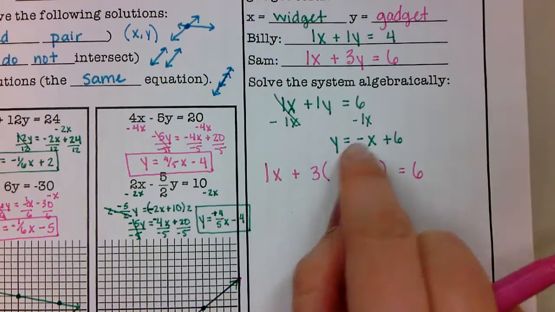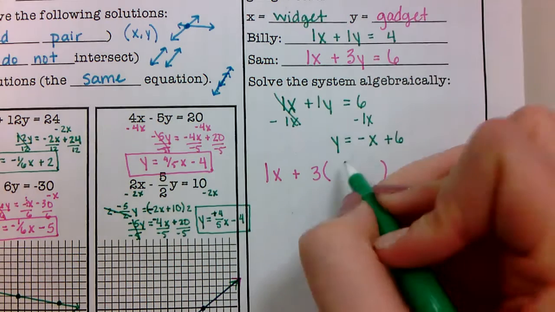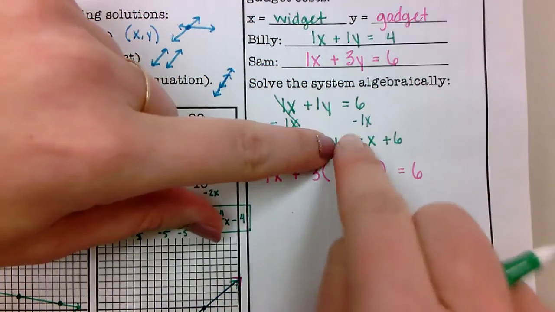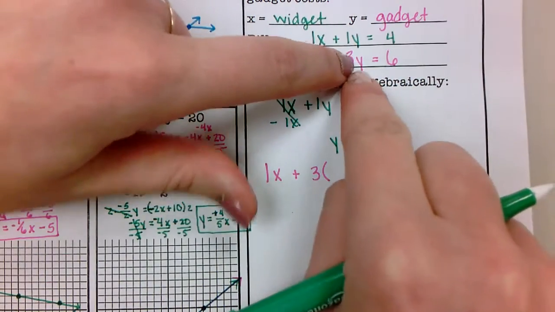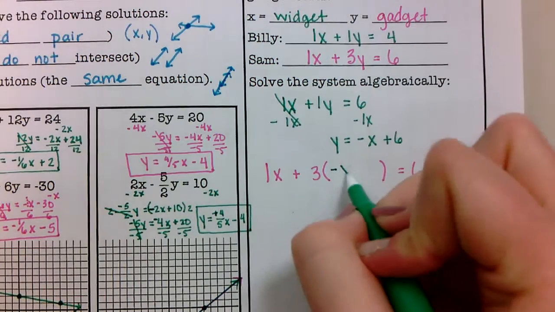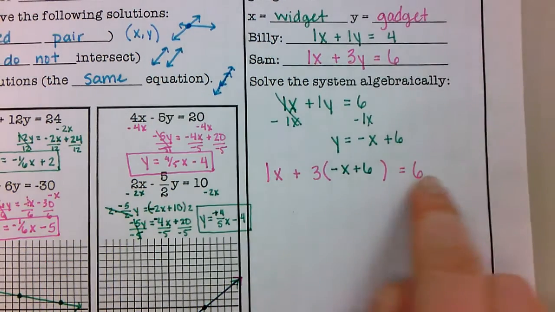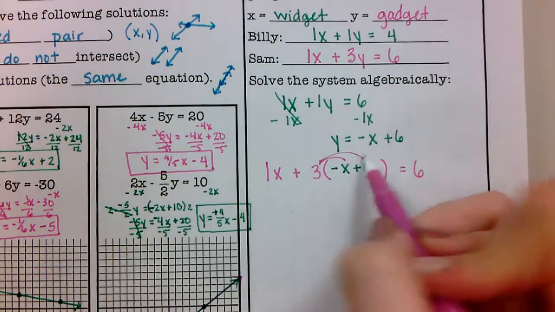It's like composing a function of a function, essentially. So I'm going to put, when we use Sam's equation, what we figured out y is. If y is negative x plus 4, we can put it in place of y. We now know what y is. So I'm going to put it right here. So this equation is 1x plus 3y equals 6, but I'm using this one. And then we're going to solve.